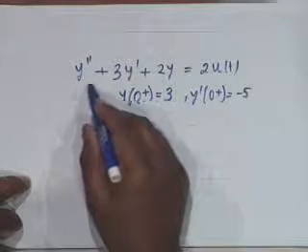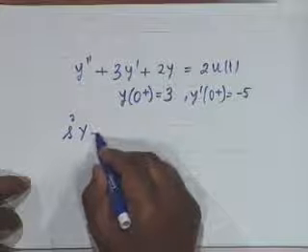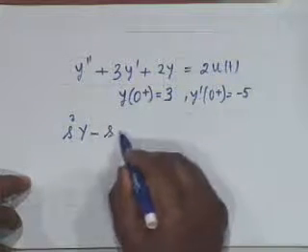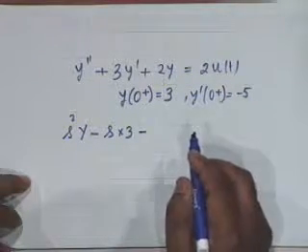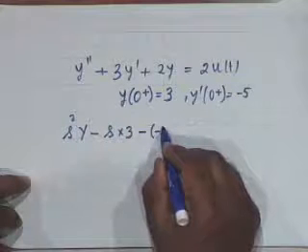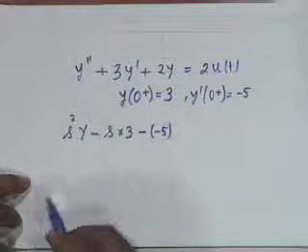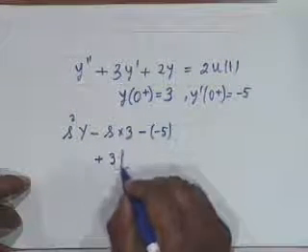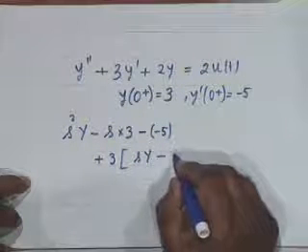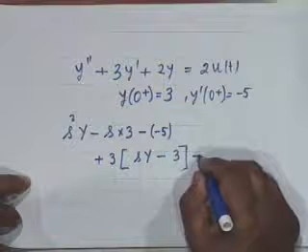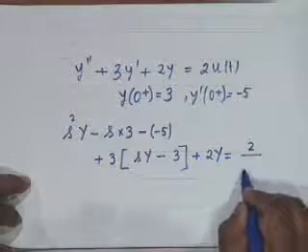What we get is, if we take the Laplace transform of both sides, then you get s² Y(s) minus s y(0+), which is 3, minus y'(0+), that is minus 5, alright. This is the Laplace of y'', plus 3 times sY(s) minus y(0+), which is 3, plus 2Y(s) equal to 2 divided by s.